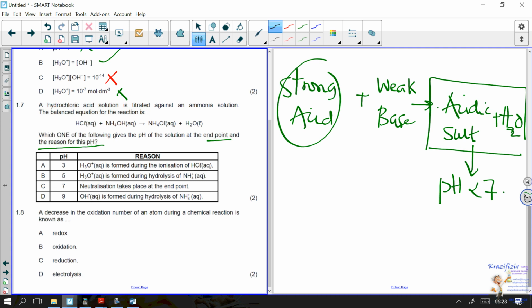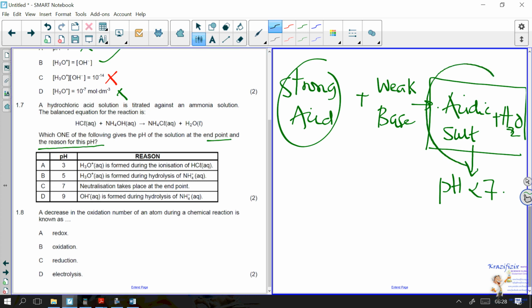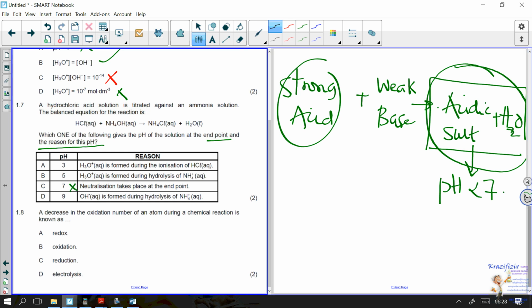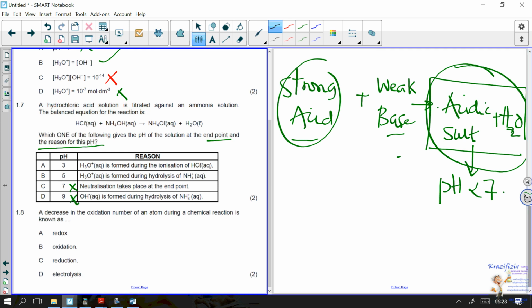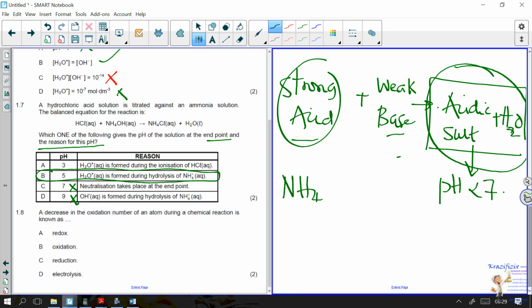pH is 5, hydronium ion formed during the hydrolysis of ammonium, which is similar to what we said here, hydrolysis. pH cannot be 7 because we have a strong acid and a weak base. pH cannot be 9. Our correct option is B, because during the hydrolysis of ammonium chloride, check this, NH4Cl, that's the salt, plus H2O, what's going to happen?